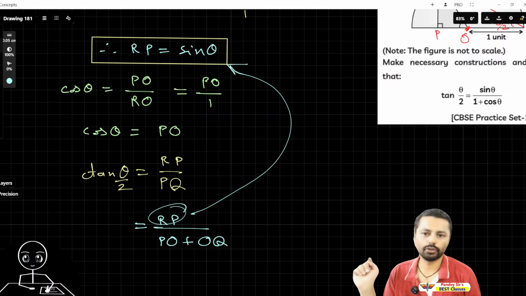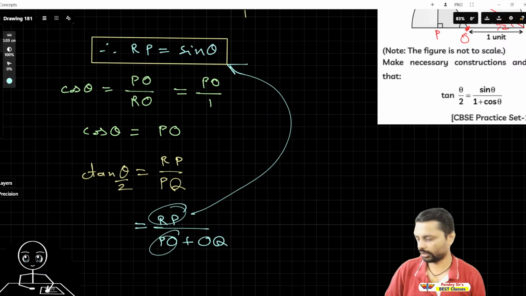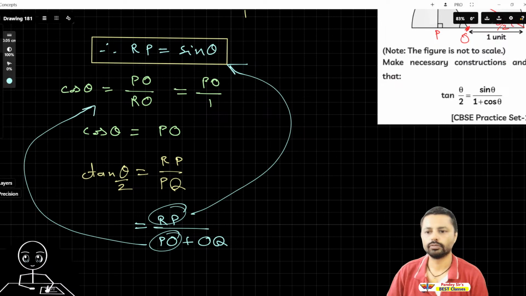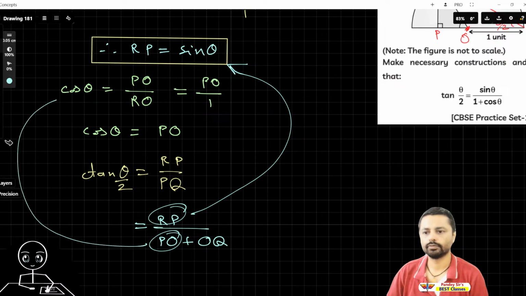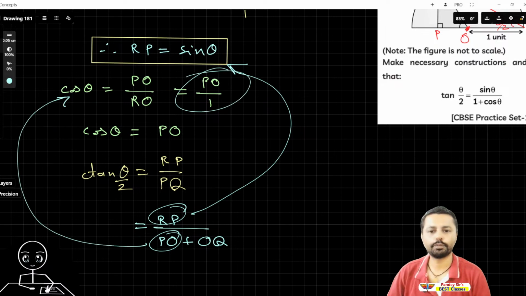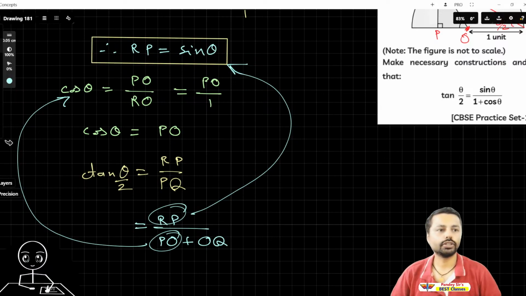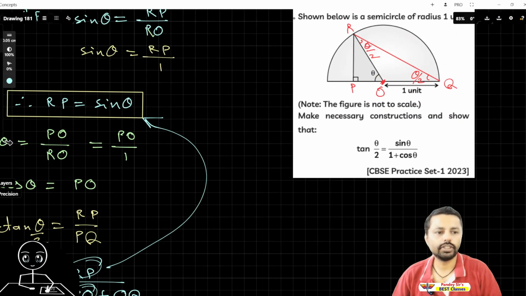PO value is already cos theta. Now what is OQ value? OQ is the radius, that's 1.